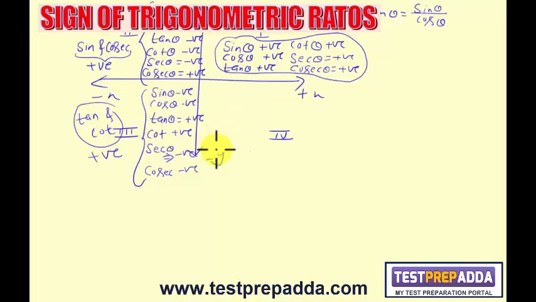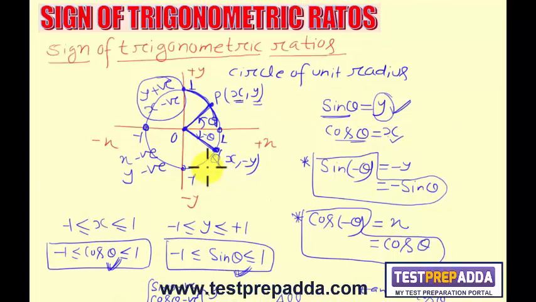Now I'll talk about fourth quadrant. Go back and check the unit circle. Here in this fourth quadrant, x is positive, y negative. X represents cos, y represents sine.